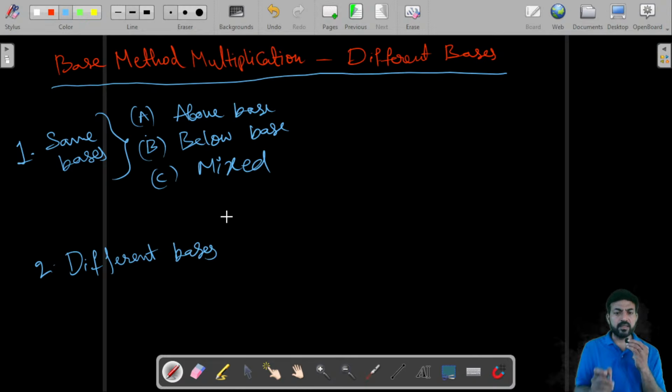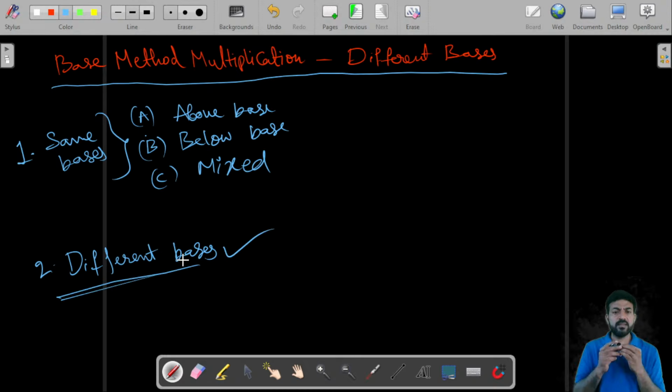Is it clear? We have learned the same bases concept: above base, below base, and mixed. And now different bases. Clear?